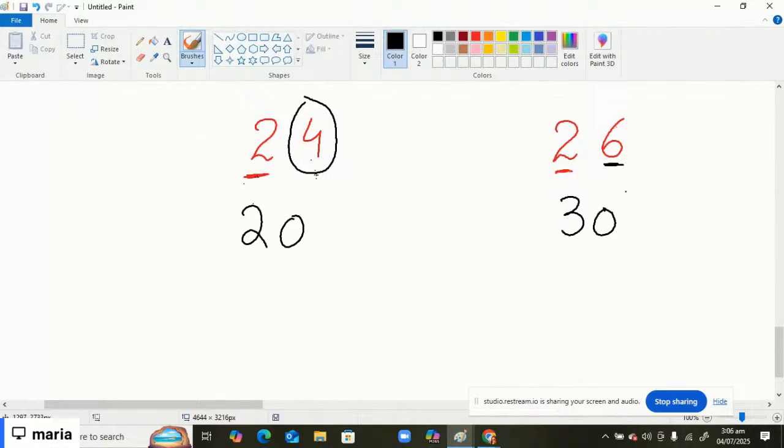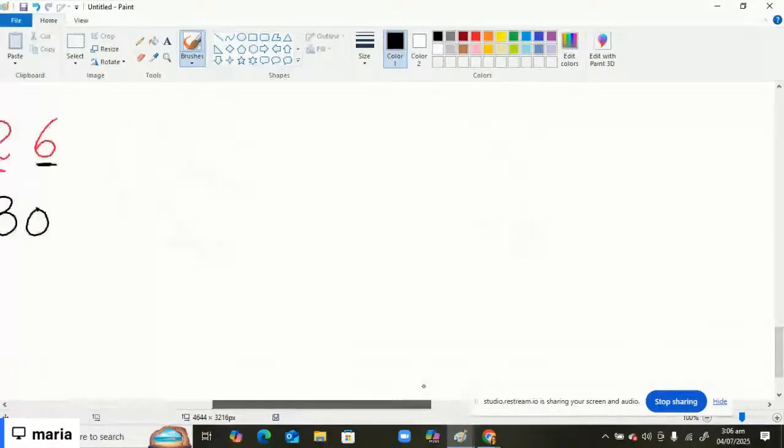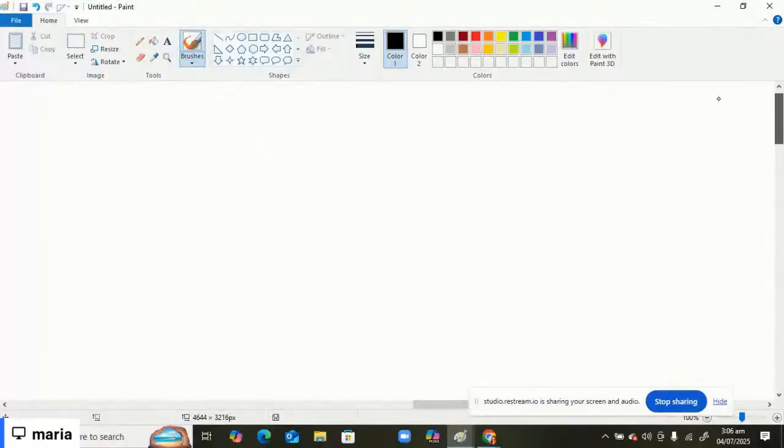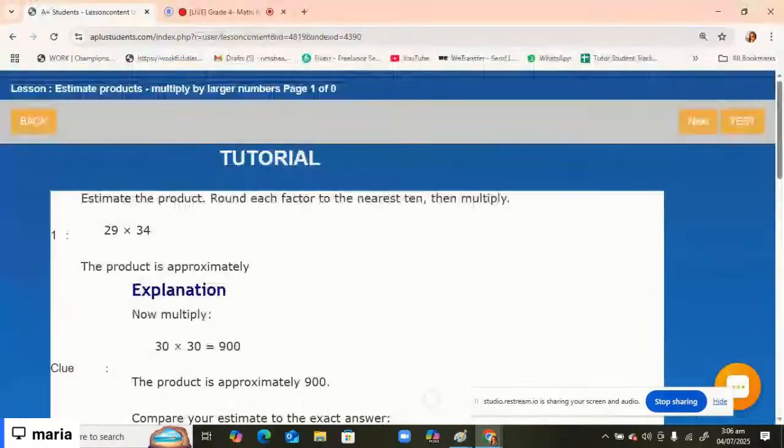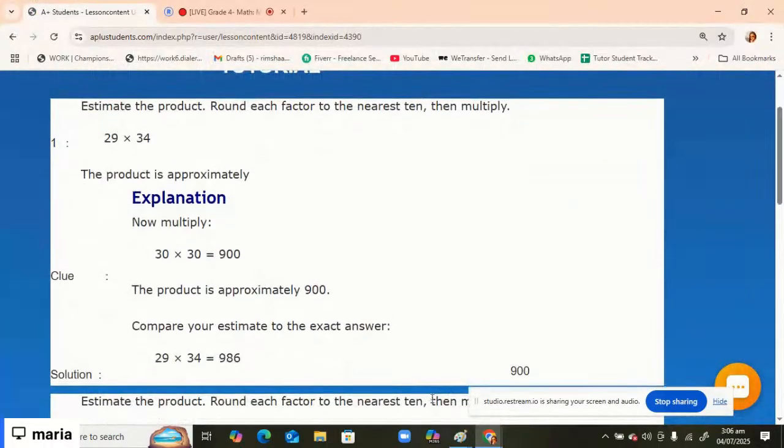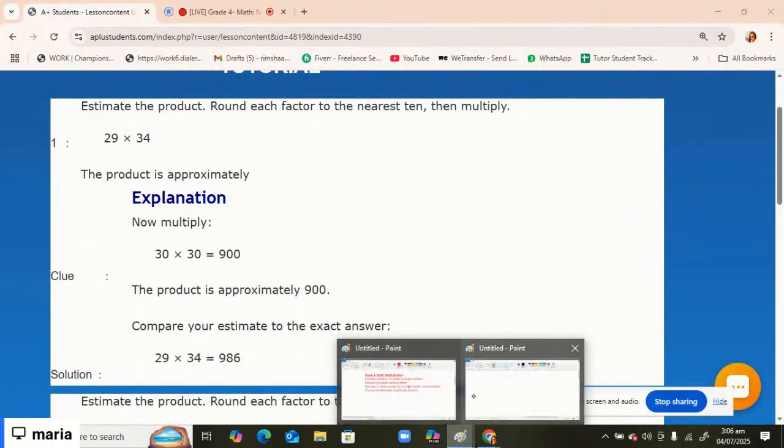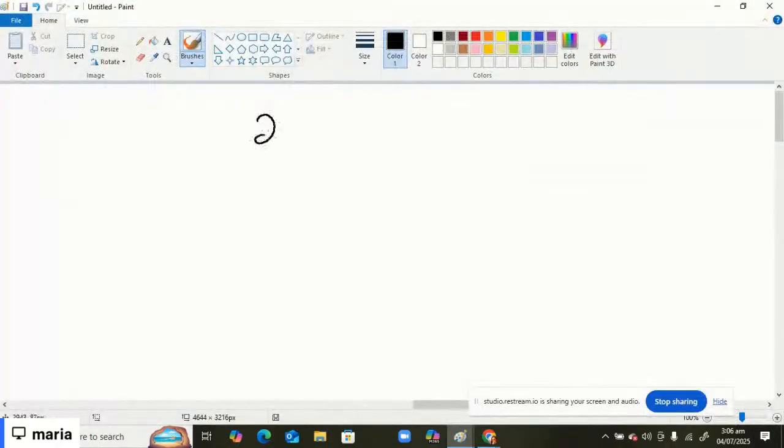All right. Now, for example, here are some numbers which are given. Let's do that one. Here the numbers given are 29 and 34, and that can be multiplied.